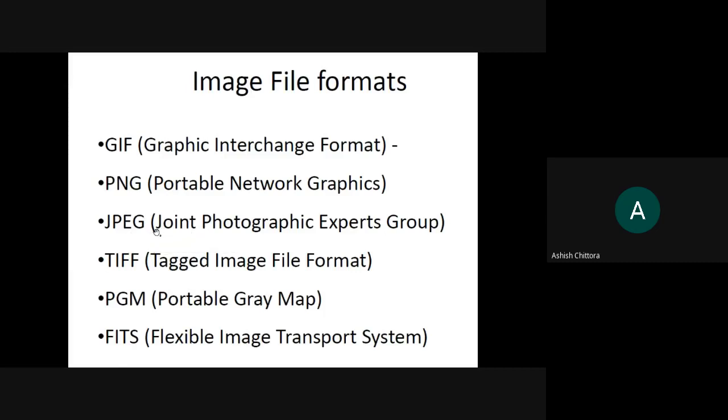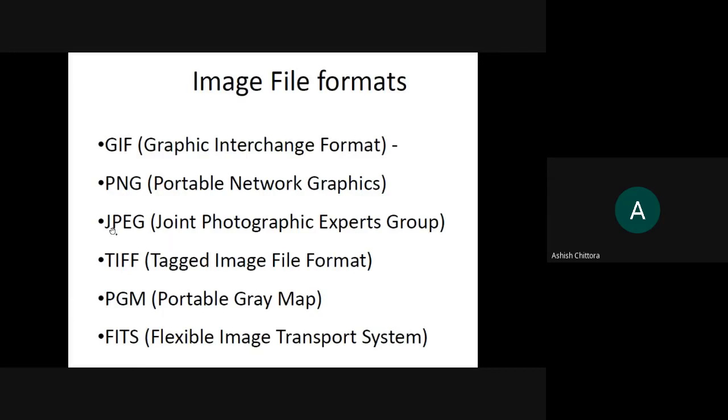These are standardized by different bodies of expert groups of image processing. JPEG refers to the Joint Photographic Experts Group. JPEG is a technique of storing or compressing the image, where different steps of compression are applied.